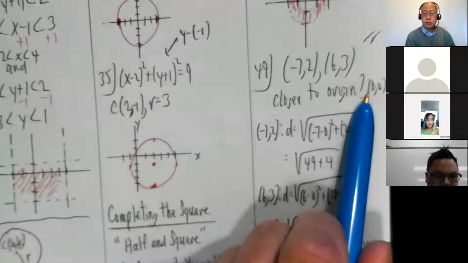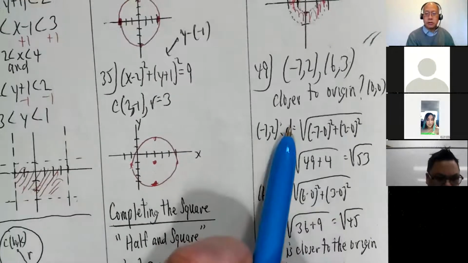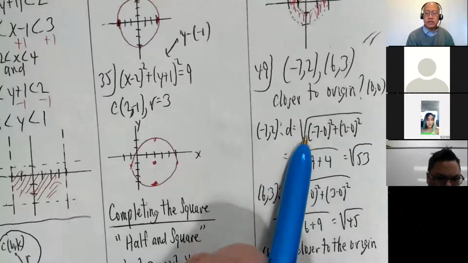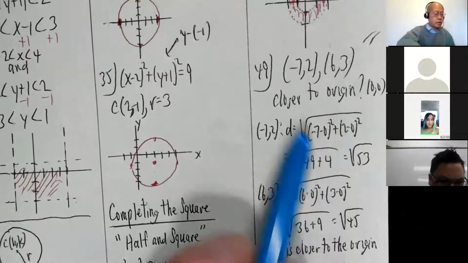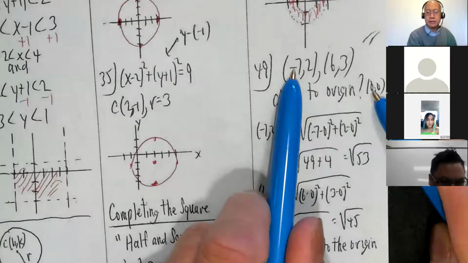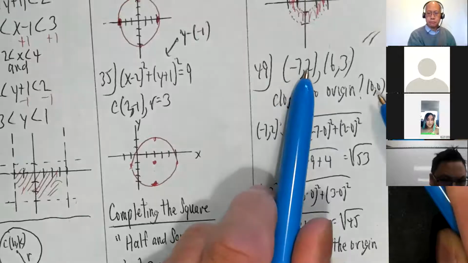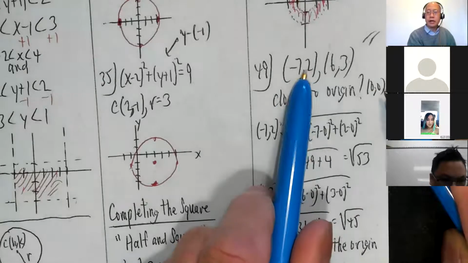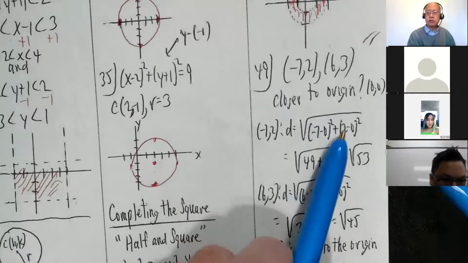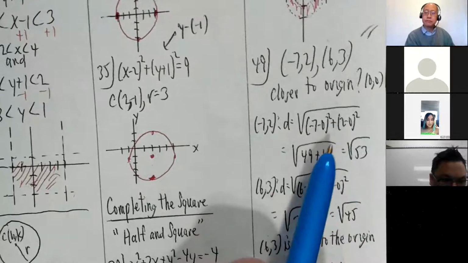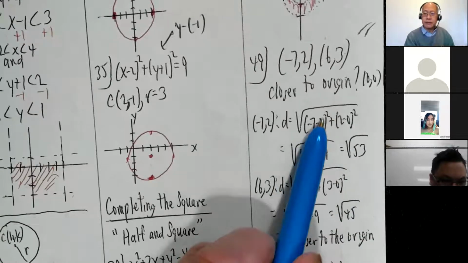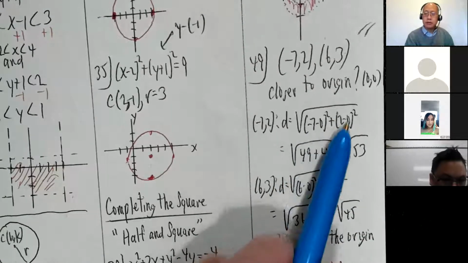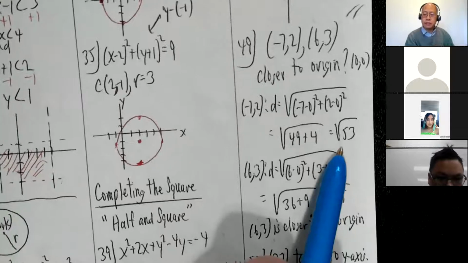So distance formula, (-7, 2). The distance is the square root of -7 minus 0 squared, right? Subtract the x's, we can say delta x, square it, plus delta y squared, 2 minus 0 squared. So -7 squared is 49, 2 squared is 4, square root of 53.